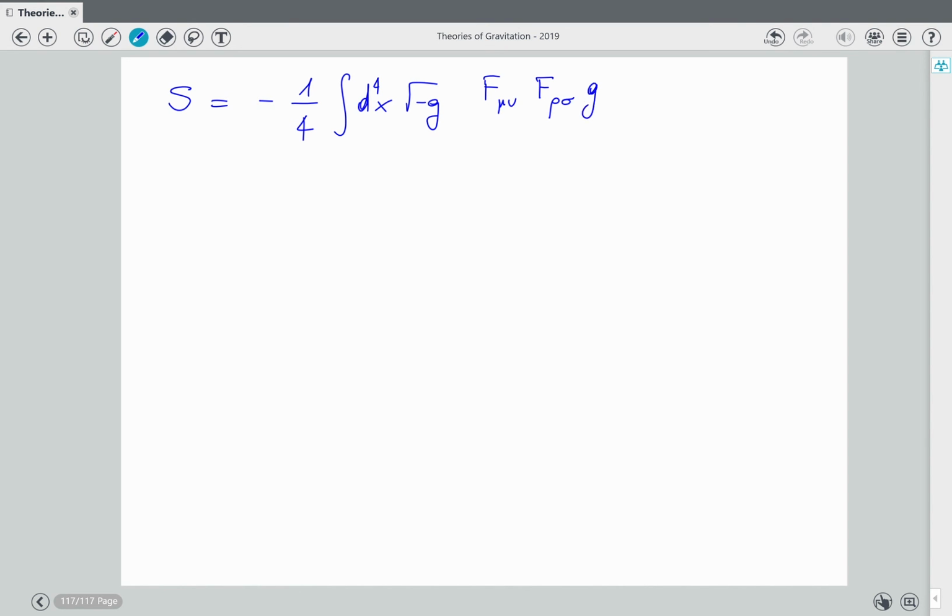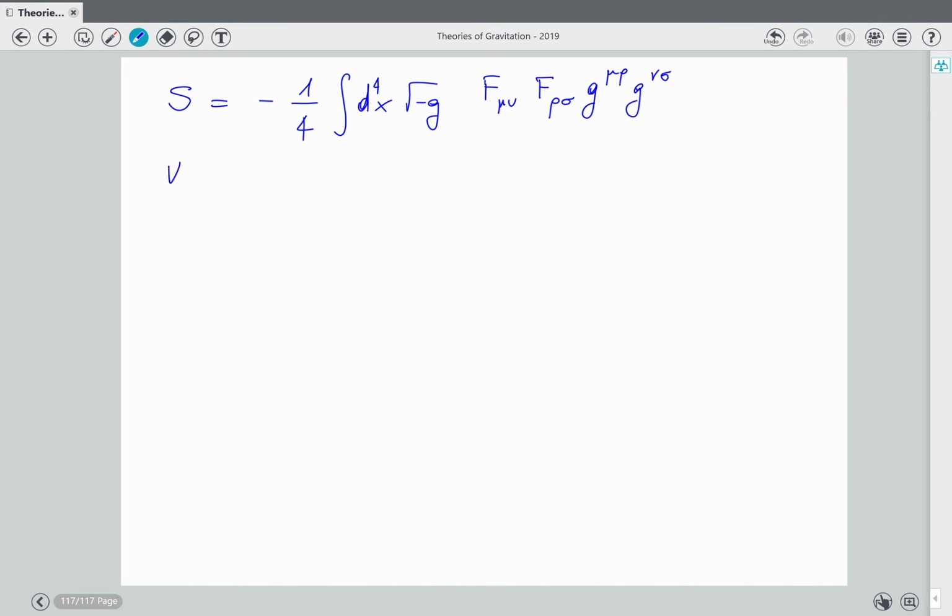So you have to raise the indices by means of the metric. There is another possibility, actually. We'll see it later. Now, let's answer the question that I raised a minute ago.